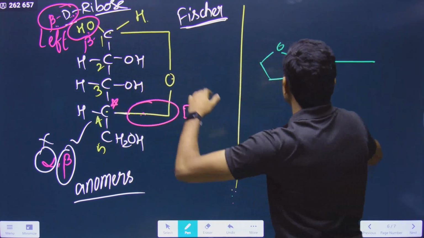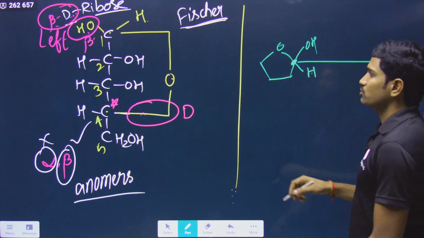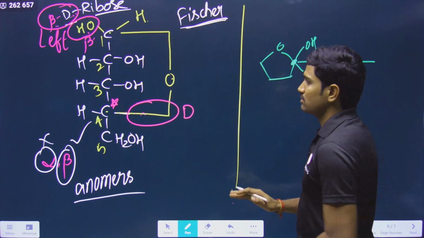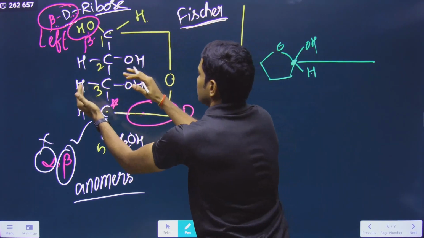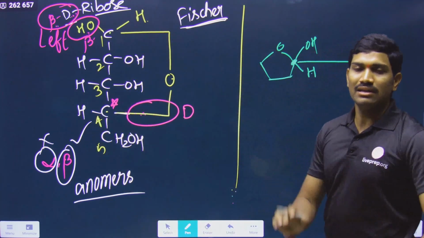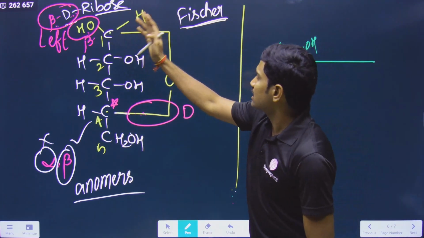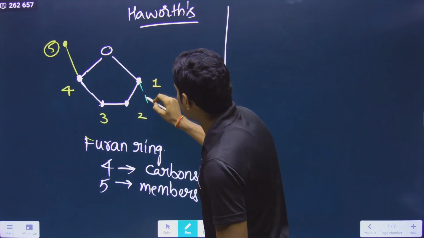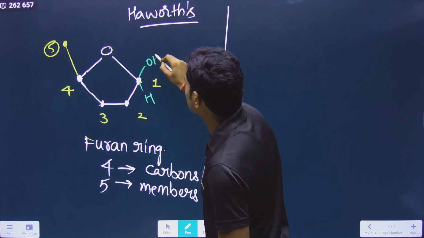And the left side one you should write above the plane. So this one slightly turn like this, you will get the answer. For this carbon also turn like this, turn like this, you will get the answer. So for the first carbon, right side H, left side OH. How will you write this? Right side H is below, left side OH is above.